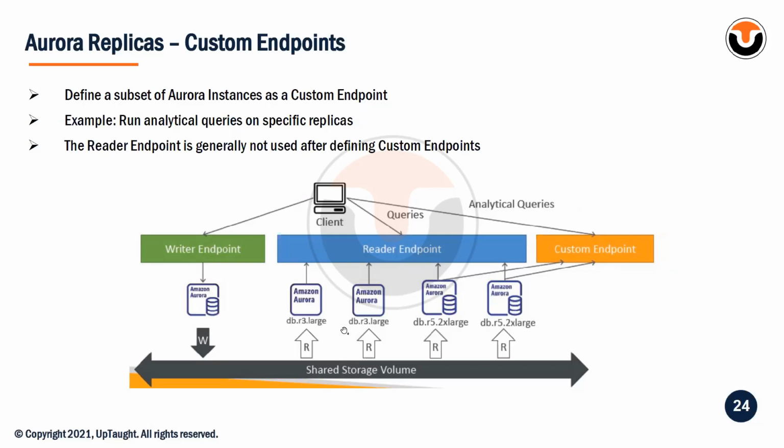You could see these are R3 large, and these analytical replicas are of size R5 2X large. They are bigger machines to handle more analytical rows. To do that, we can enable a custom endpoint which will point to these two read replicas so that your analytical requirements will be met. All your analytical queries will be run on these two instances.